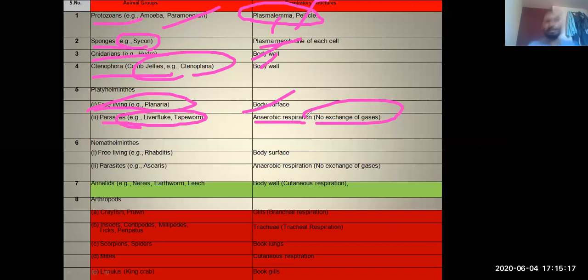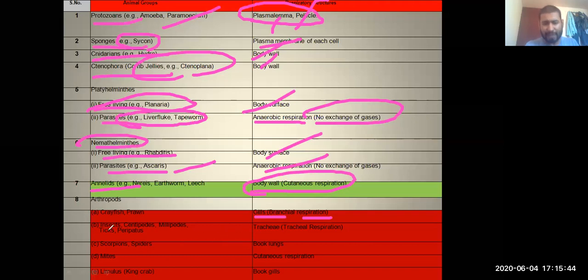We have already seen anaerobic respiration. Next is Nematohelminthes, that is Aschelminthes. The free living one, that is Rhabditis, respires through the body surface, and the parasite, that is Ascaris, an intestinal parasite, performs anaerobic respiration. Annelids have moist cutaneous skin, which also performs respiration. Arthropods, basically you can say gills, that is branchial respiration.